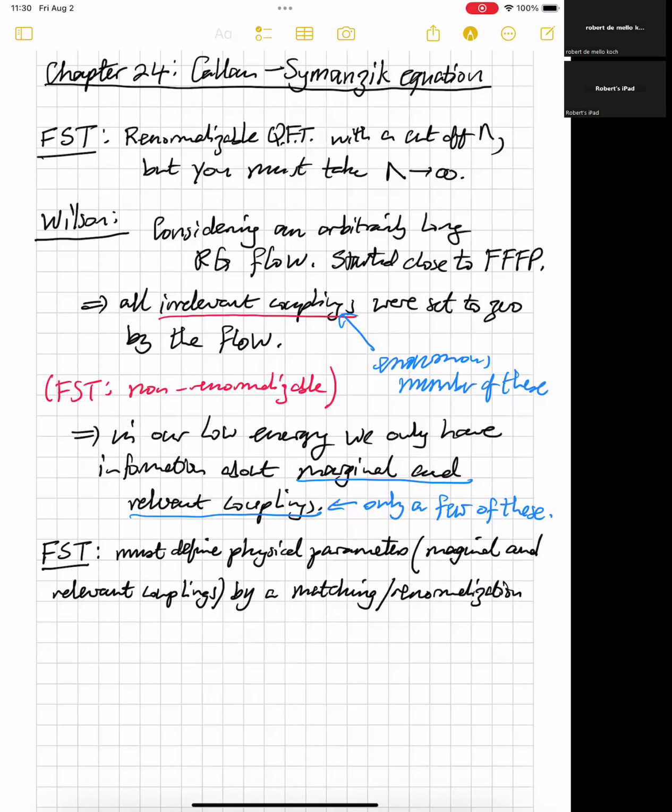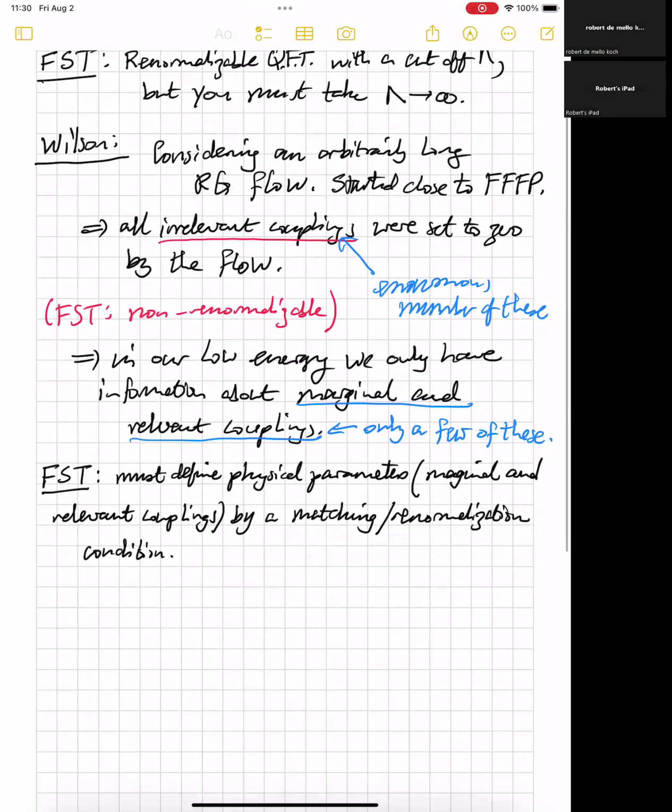Okay, so for example, you remember when we wanted to define the coupling, we did that by studying the 4-point function that had its legs amputated, the connected piece of that at some specific kinematic point. So Feynman-Schwinger and Tomonaga told us we must define these physical parameters, and we've discussed how to do that. Now, here's a little twist coming from Wilson, or the Wilsonian way of thinking, I should say.